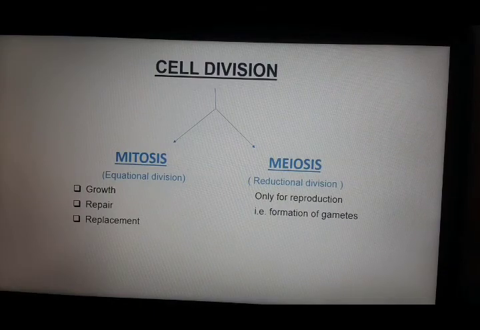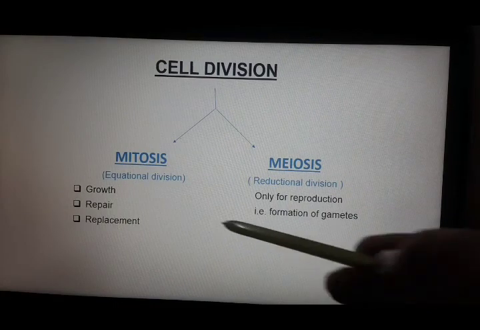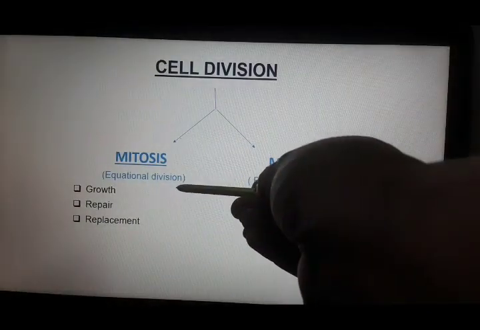I mean to say that during mitosis, when a parent cell divides into two daughter cells, two offsprings, they are identical to each other, they are identical to the parent, and the chromosome number is also similar to that of the parent. That means the chromosome number is neither doubled nor halved. That's why you call mitosis equational division.